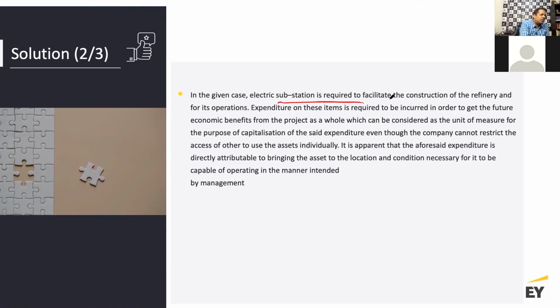Electric substation is required to facilitate the construction and for its operation. Expenditure on these items is required to be incurred in order to get future economic benefit from the project as a whole, which can be considered the unit of measure for the purpose of capitalization of the said expenditure, even though the company cannot restrict the access of others to use the asset individually.